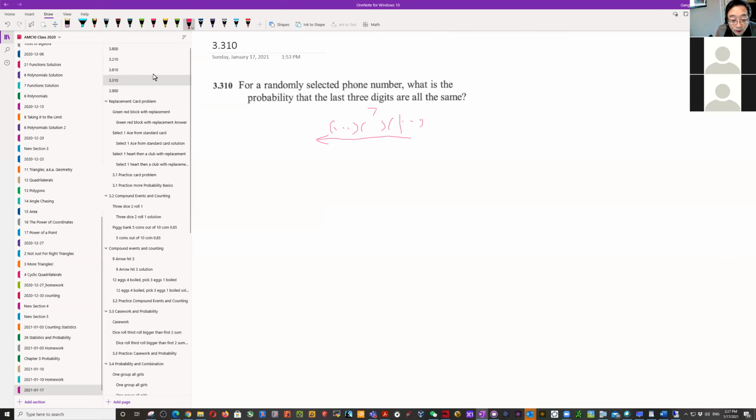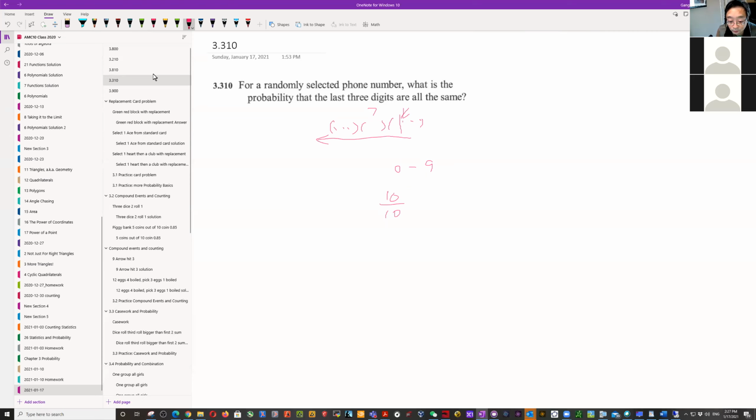So only matter starting from the third digit counting from the end. And this number can be selected randomly because I can pick 0 all the way to 9 without any issue. And the first digit I'm picking, I have no restriction. So it's 10 out of 10.